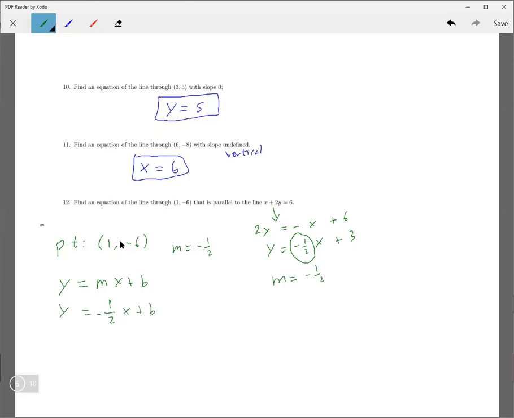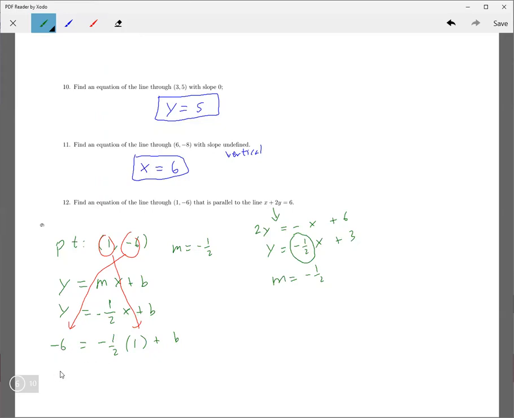And now you plug this point in, so plug a -6 in for y. And the 1 goes in for x. Okay, so this one goes there, and that one goes here. Okay, because that's replacing your y, that's replacing your x.